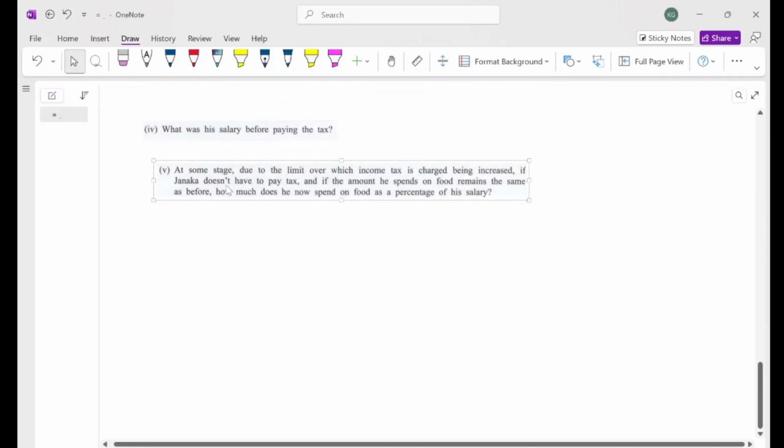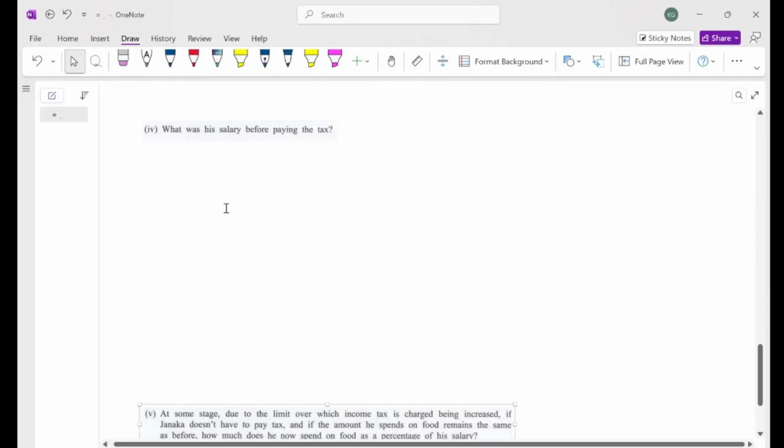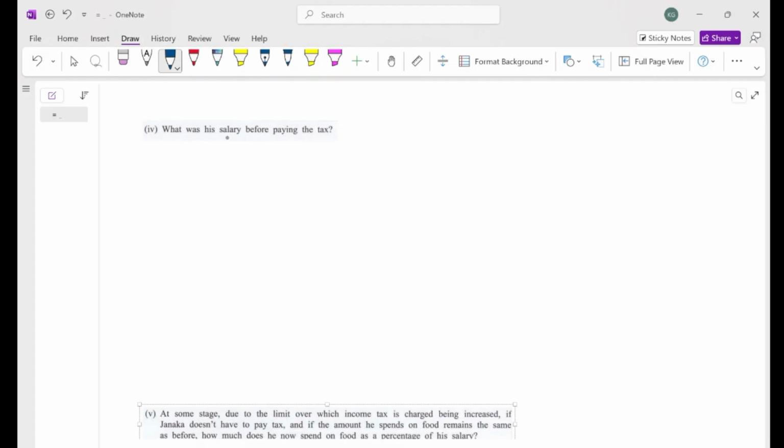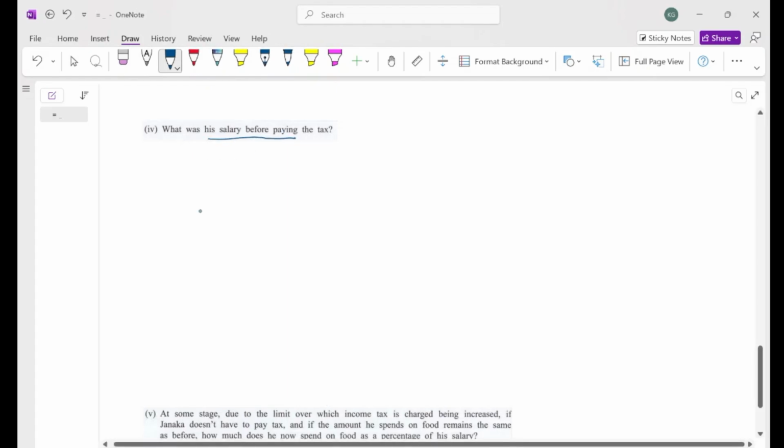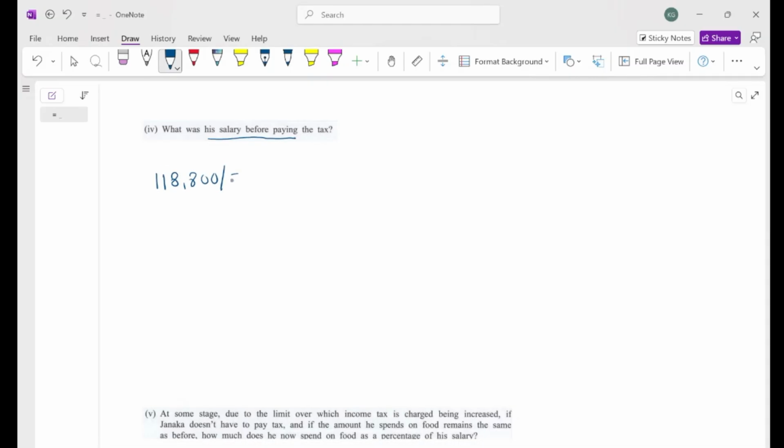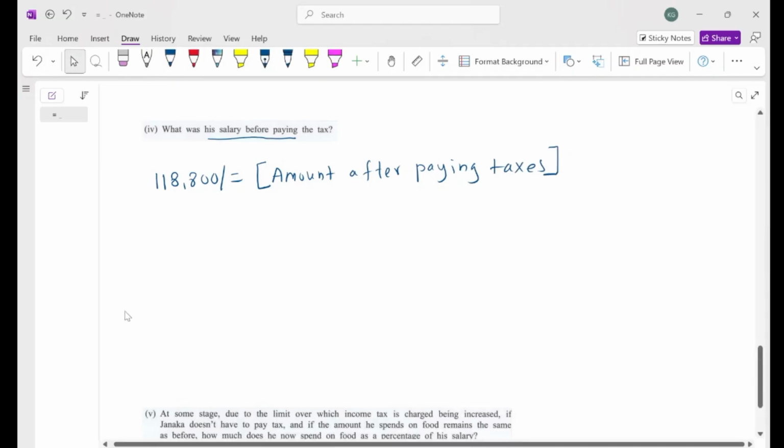Okay, let's move into question number 4. What was his salary before paying the tax? In this question it is crucial to understand this: the 118,800 we found earlier was what? It was the amount after paying taxes.